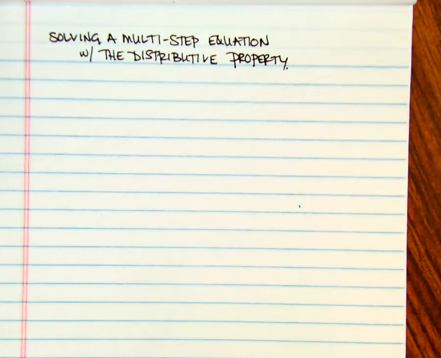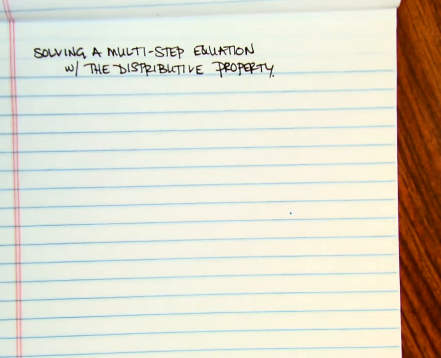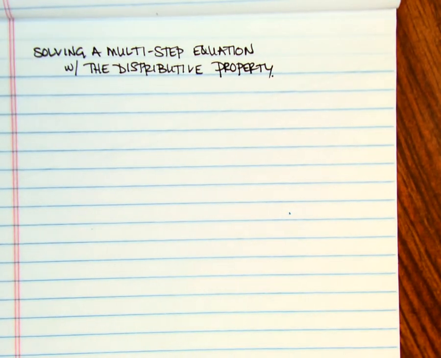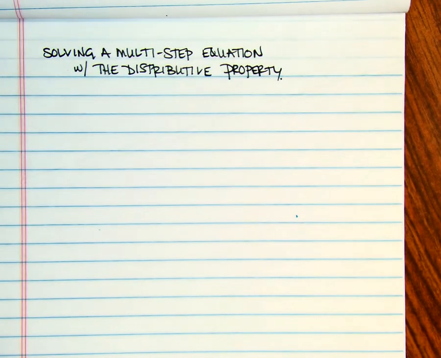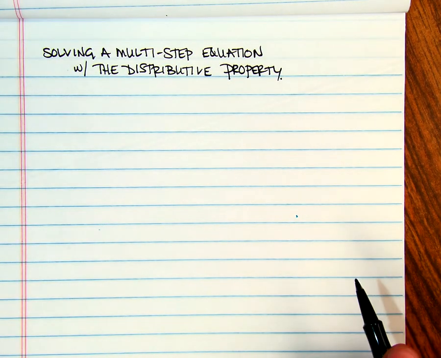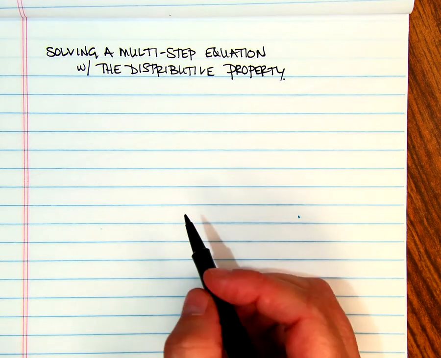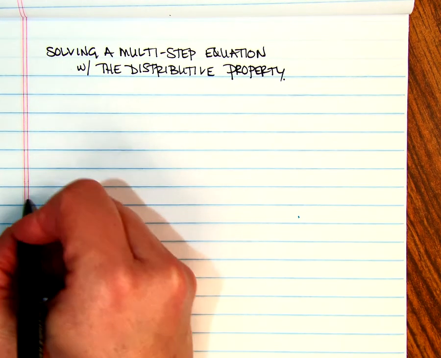So far we have solved one-step and two-step equations. We have solved multi-step equations with variables on both sides. And we have done other problems with the distributive property. So we're going to jump right in.